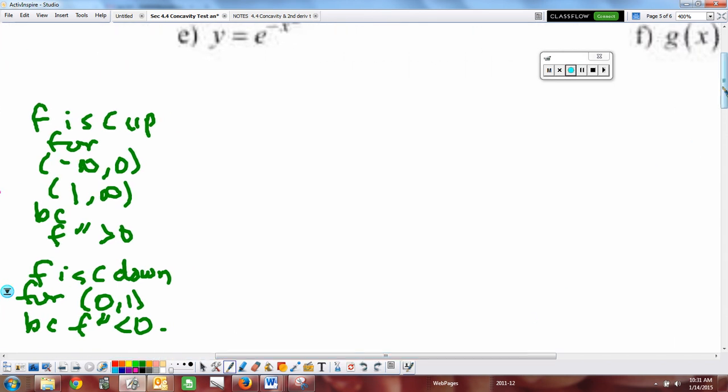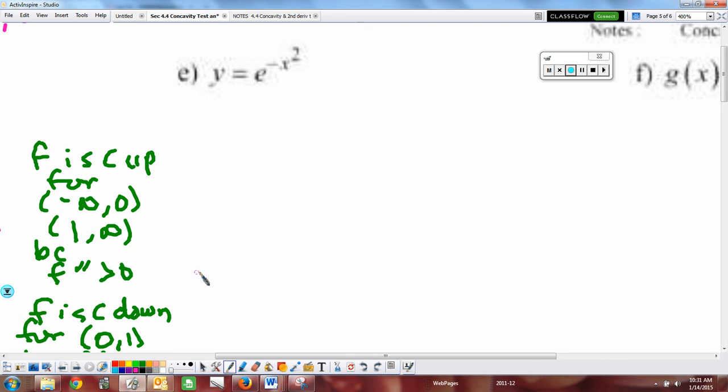All right, so now let's take a look at the second question. Now this one is a little bit harder because you're going to have some chain rule involved, and then once you get the first derivative, you'll see that you're going to need a product rule. So let's go ahead and do the first derivative. And I will make a note that y is continuous and differentiable, that we have the composition of two continuous differentiable functions.